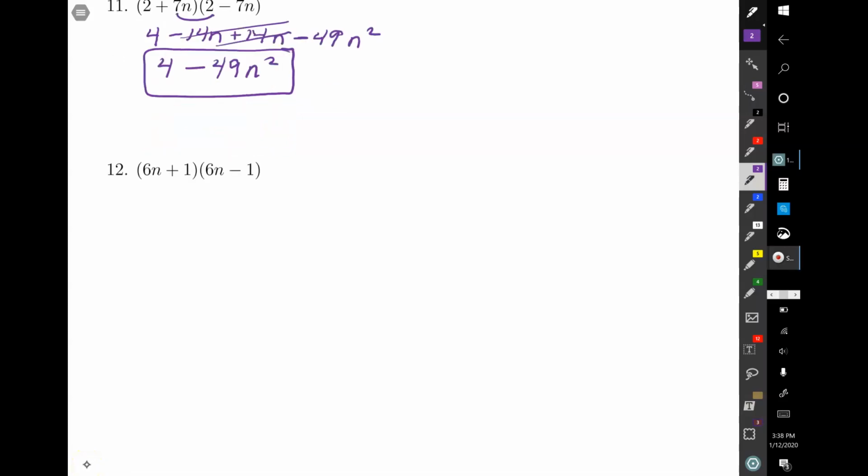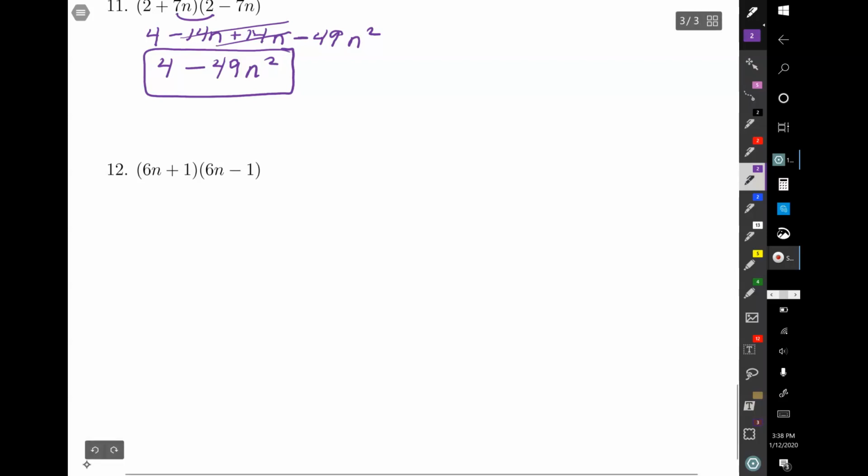Number 12 says quantity in parentheses 6n plus 1 times another binomial in parentheses 6n minus 1. So again, I see those same two terms in the binomial. They have opposite signs. So I'm going to say, well, that's going to come out to be a difference of two squares. So I'm recognizing a pattern. If I wasn't sure, I could FOIL it out.